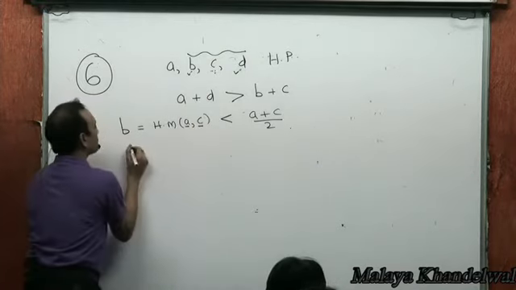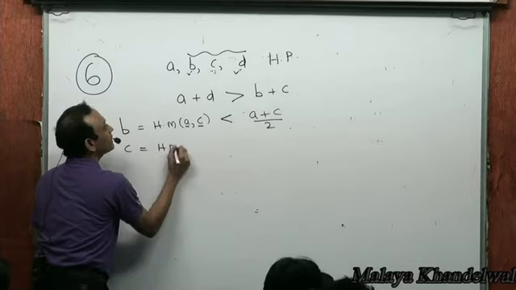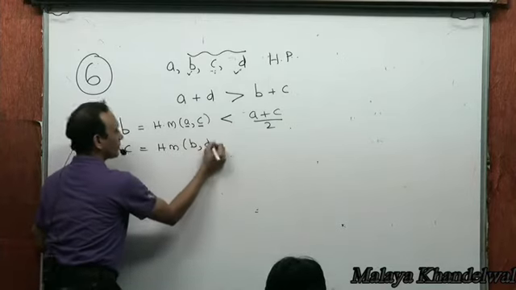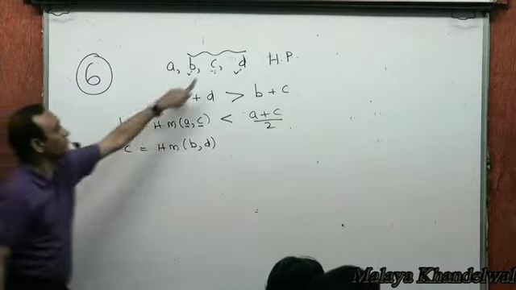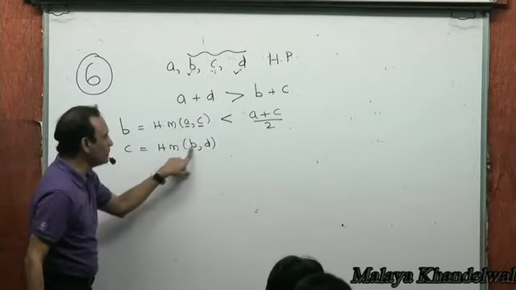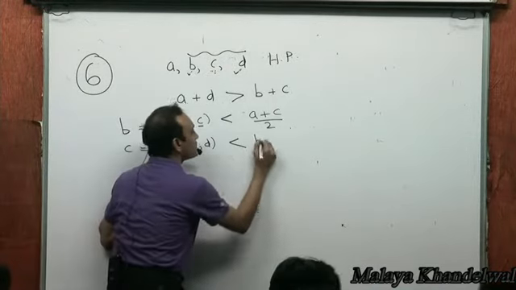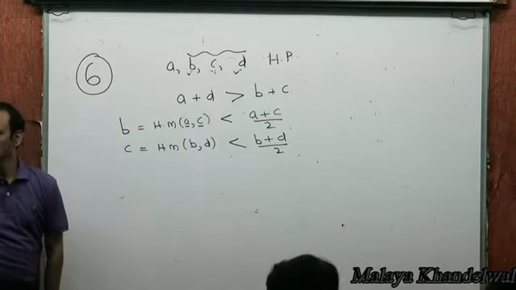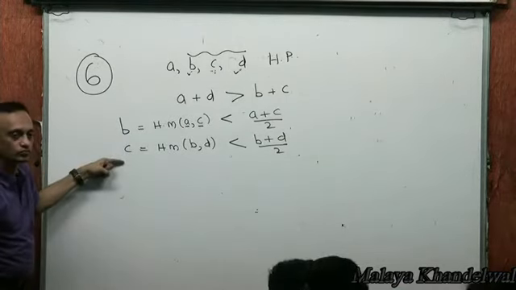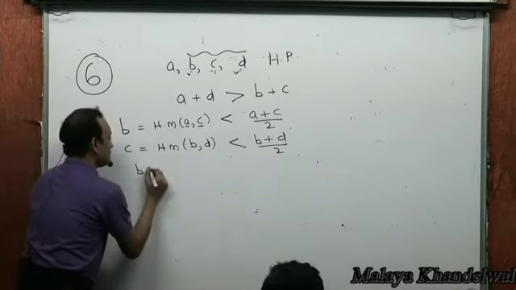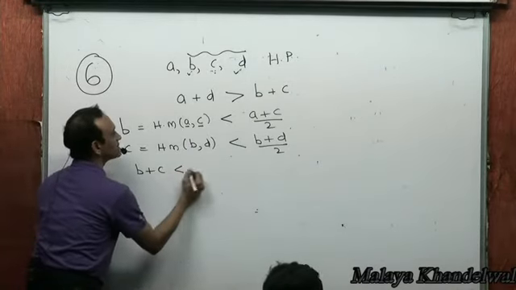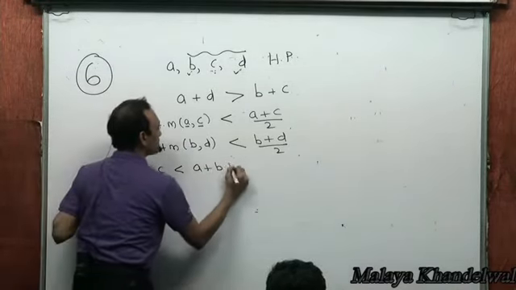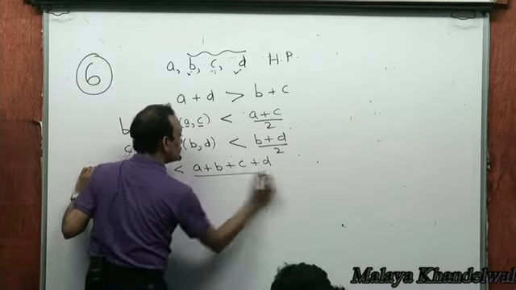C is the harmonic mean between B and D. But the harmonic mean between B and D must be less than the arithmetic mean between B and D. Add these two. So B plus C is less than A plus B plus C plus D by 2.